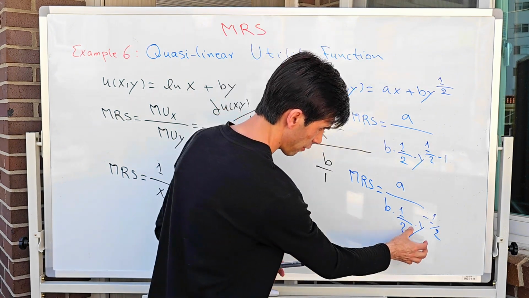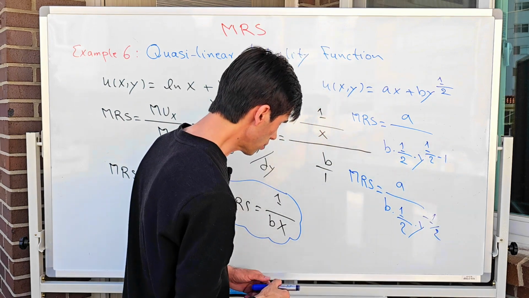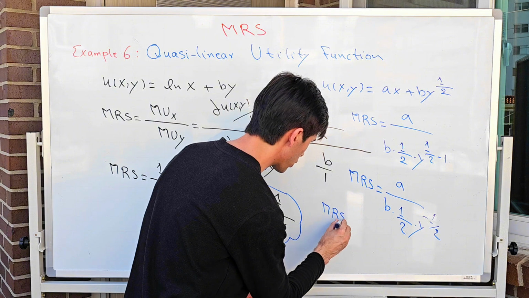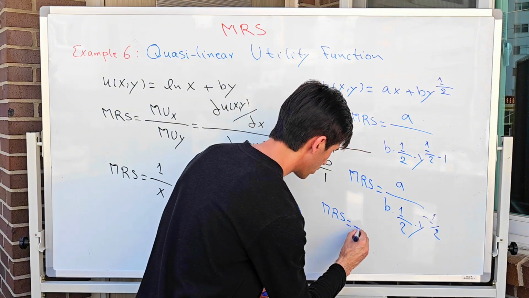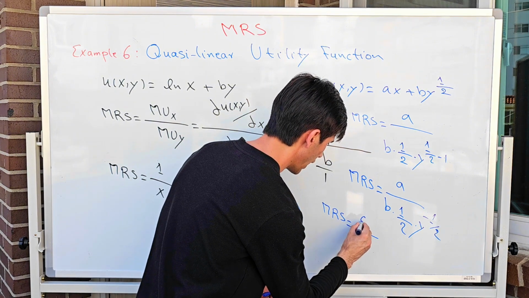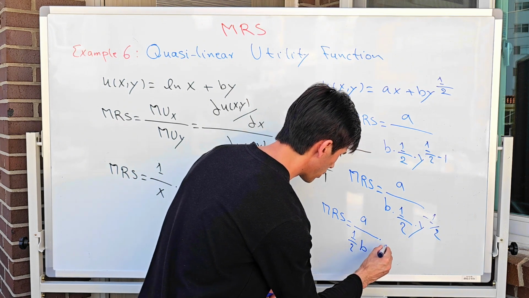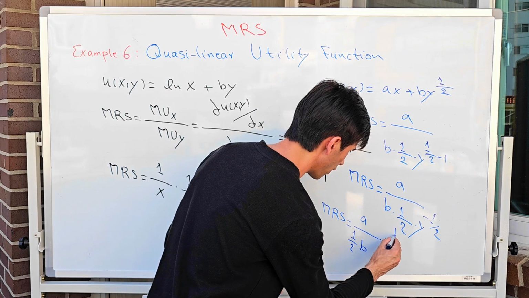If you move this one to the numerator, then the marginal rate of substitution will be equal to a divided by 1 over 2b multiplied by y to the power of 1 over 2.